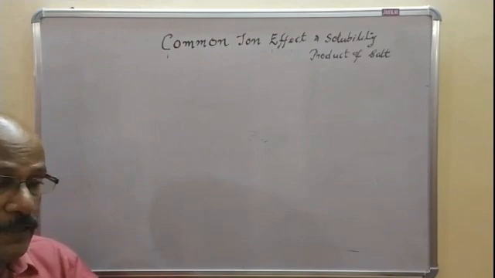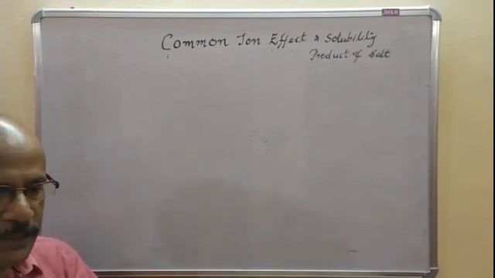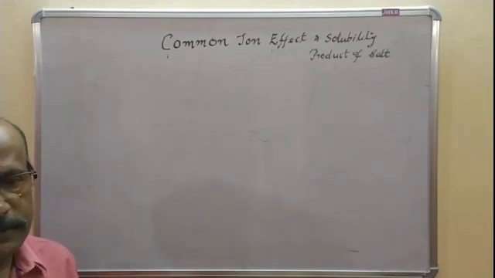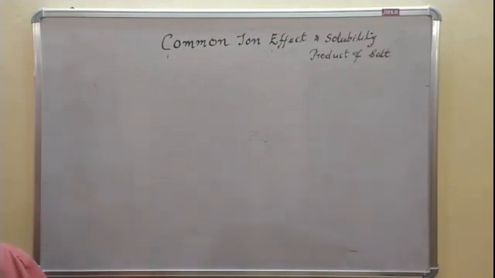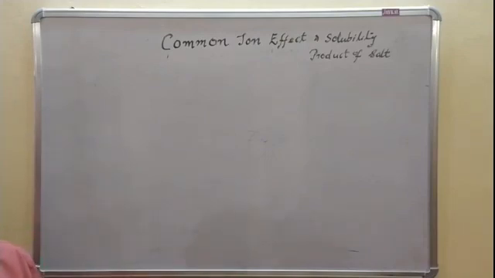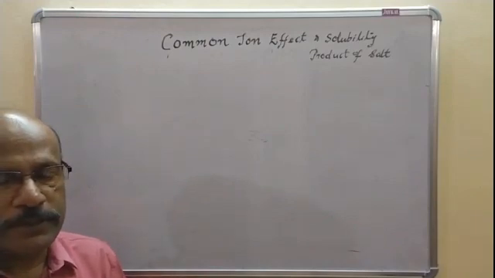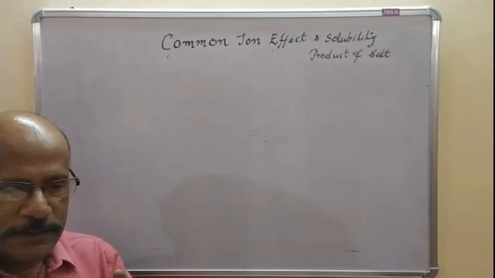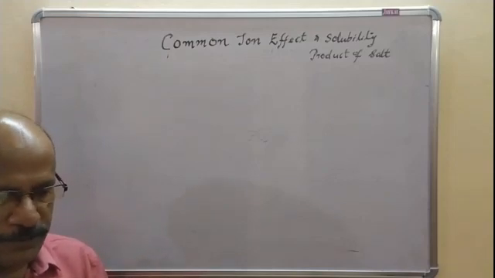Suppose we add another electrolyte, a strong electrolyte containing an ion common to that of the weak electrolyte. The presence of the common ion can suppress the ionization of the weak electrolyte in order to keep the equilibrium constant K the same at that particular temperature.